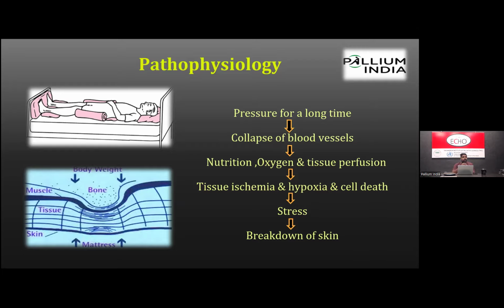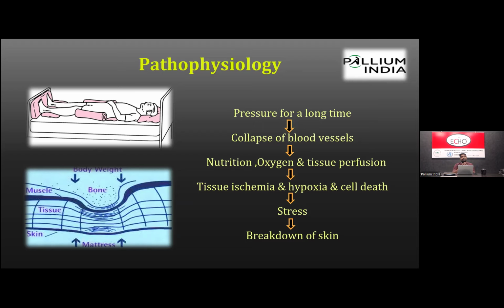We can consider the total skeletal bone weight compressing downward, as our total body is lying on the mattress. In between, the soft parts, the skin, muscle, and tissues, are getting compressed. Because of the collapsing of the blood vessels going through this area, nutrients and oxygen are not getting to the tissues adequately.